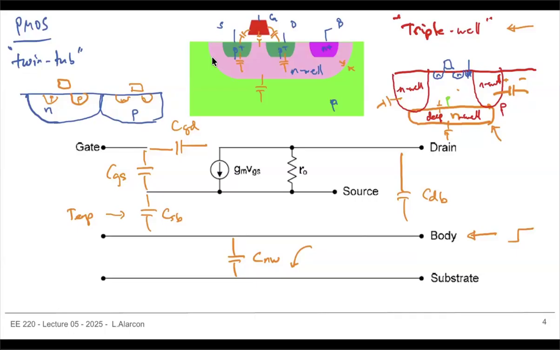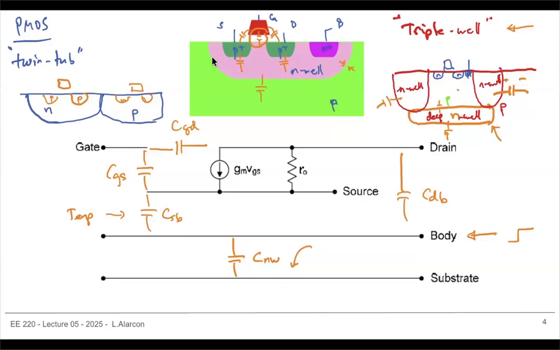The parallel plate is less susceptible to temperature change because the oxide distance does not really change with temperature, as opposed to junction capacitances where the depletion region changes with temperature. Okay, good. So any questions here?